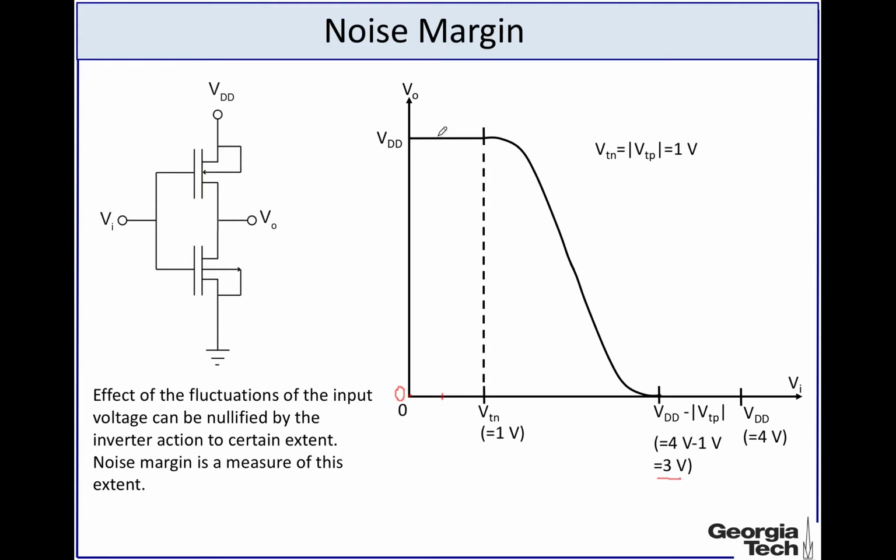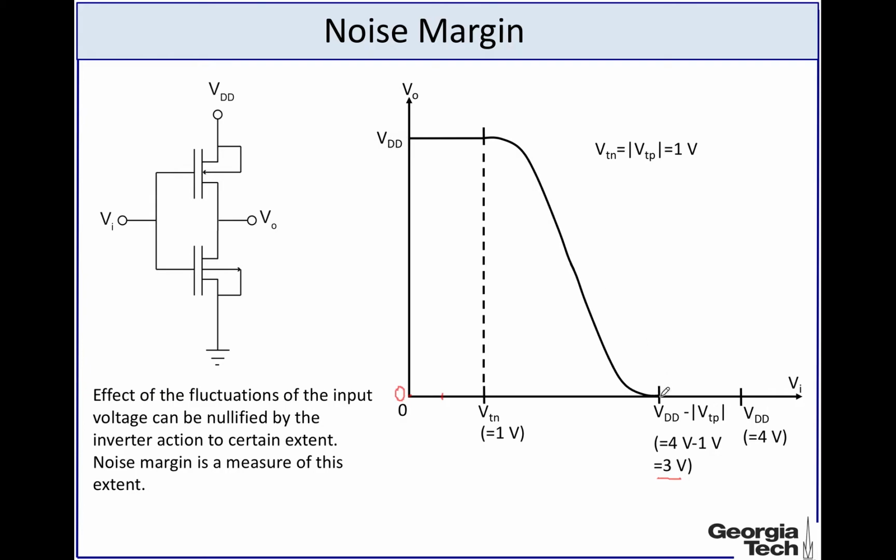What does it mean? It means that if for some reason the input becomes larger than 0, to some extent, when it's supposed to be 0 volts, which corresponds to a logic level 0, the output will still be VDD, which corresponds to a logic level 1. So that means that if the input voltage is slightly larger than 0, when it's supposed to be a logic level 0, the inverter actually gives you the correct output, which is equal to VDD.